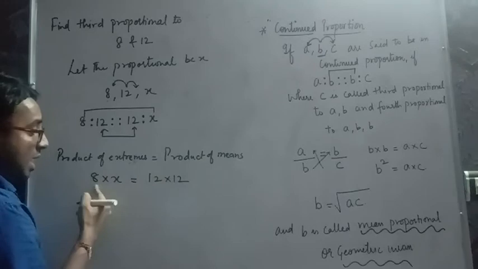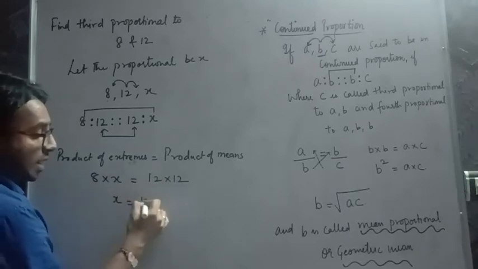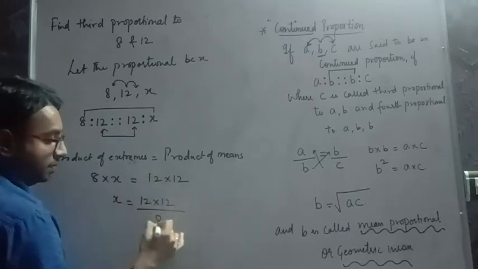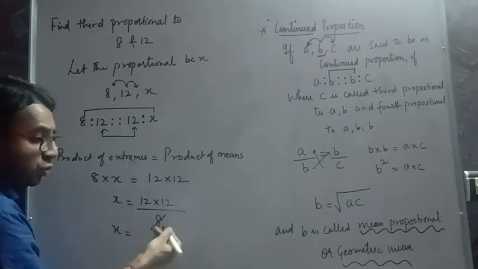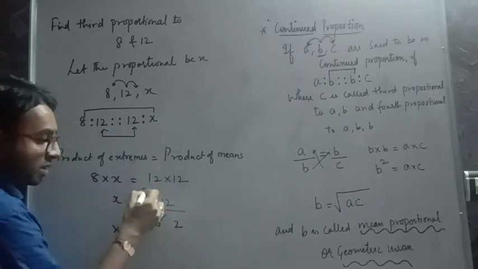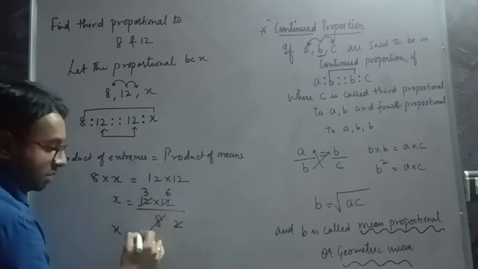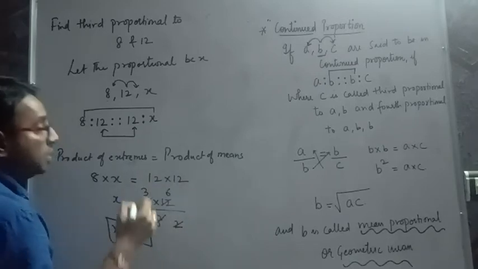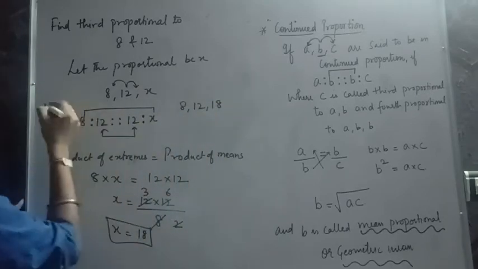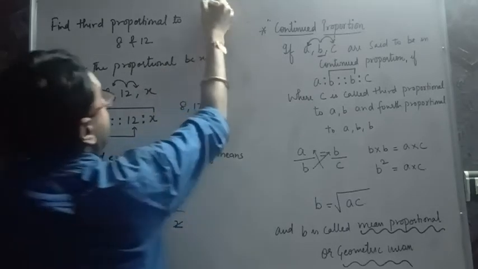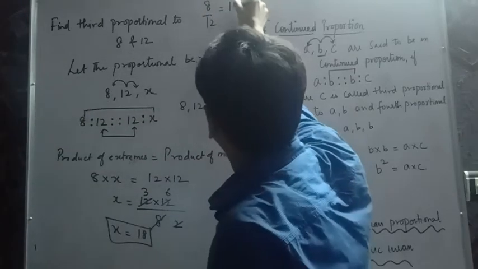If I solve, there multiply, there divide. Now if I solve, I can directly get 4 2s are 8 and 4 3s are 12, 2 6s are 12. What is the answer? 18 is the answer. It means the third proportional is 18: 8, 12 and 18. If you observe, I can even prove 8 upon 12 is equal to 12 upon 18.